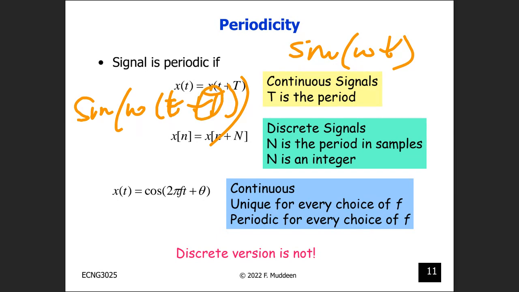That is periodic for all the values of omega or f. If you want to replace omega with 2 pi f, it doesn't matter. No matter what value of omega or f I choose, sine omega t will always repeat itself in whatever period I specify for it.